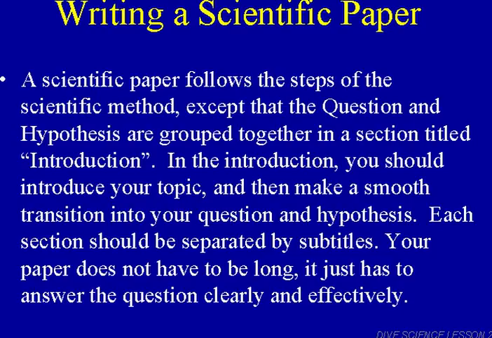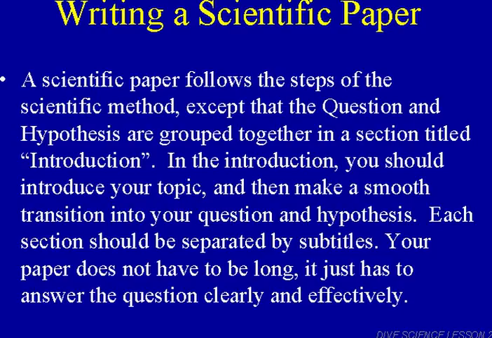For example, in the dog food experiment that we've been talking about, you might introduce the topic by talking about breeding dogs or raising dogs, and then talk about some of the claims that different brands make about their foods, and then lead into your question and then into your hypothesis. And when you write down your hypothesis, remember the definition of a hypothesis is an educated guess.